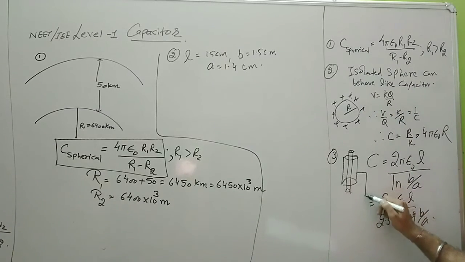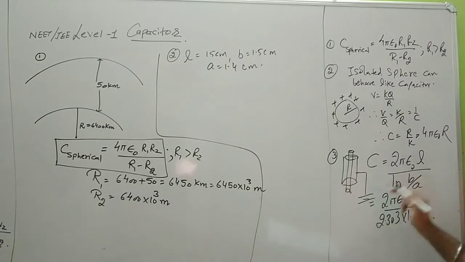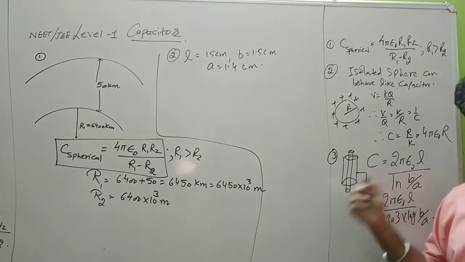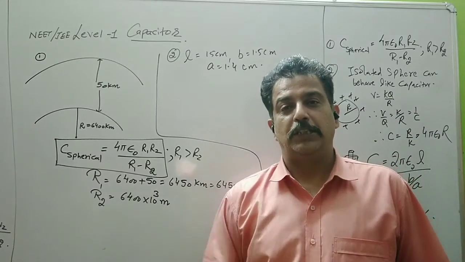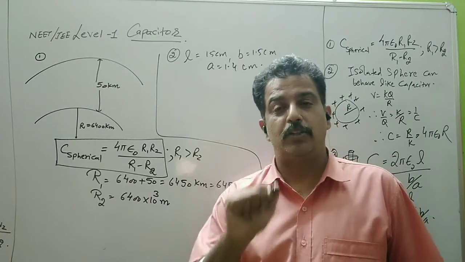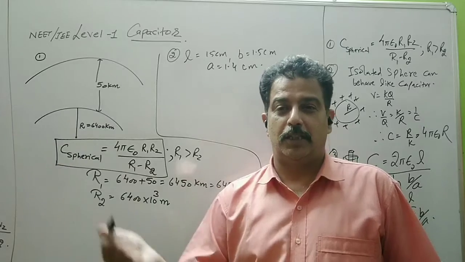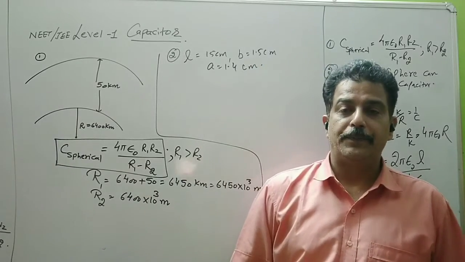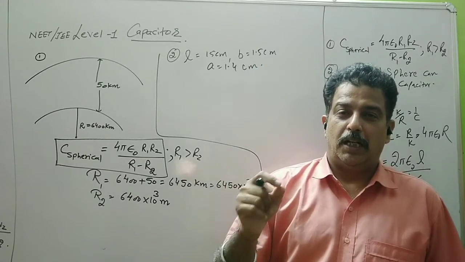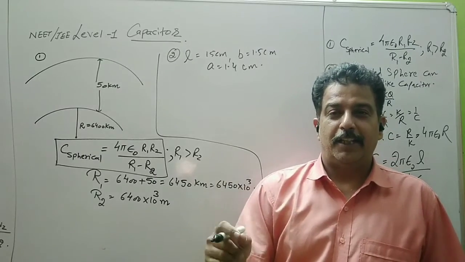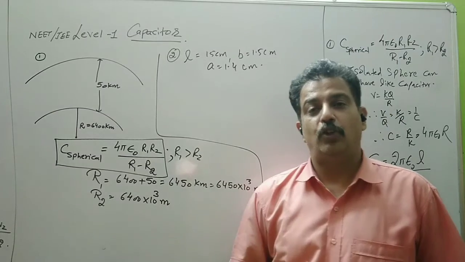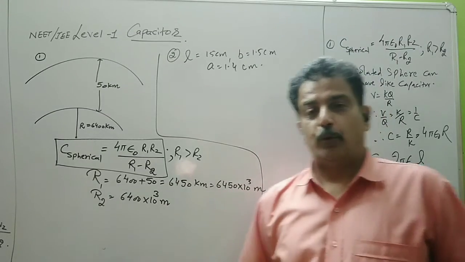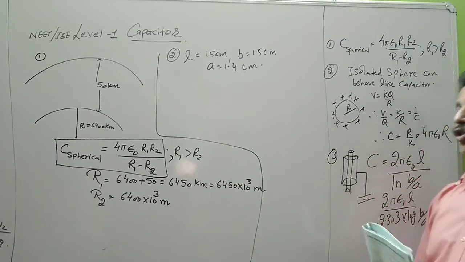So the outer cylinder is earthed, so its potential becomes 0. Whenever any conductor is earthed, its potential should be 0, but that does not mean that its charge should be 0. So a conductor which is earthed has a 0 potential, but that necessarily does not mean that the charge on it is 0.